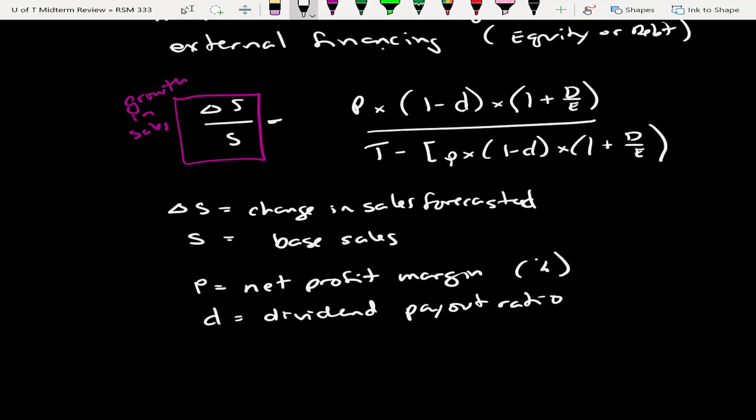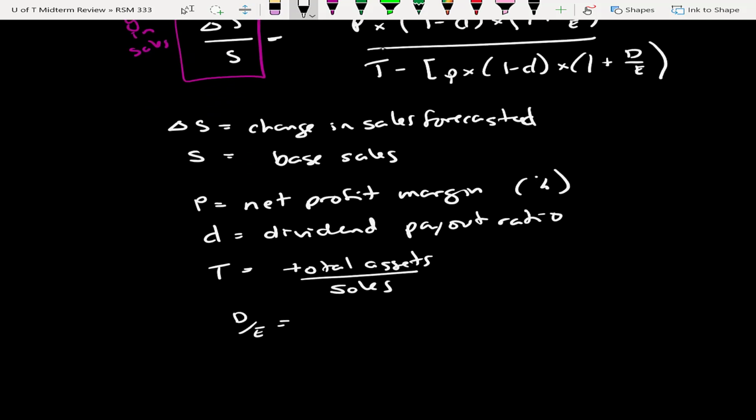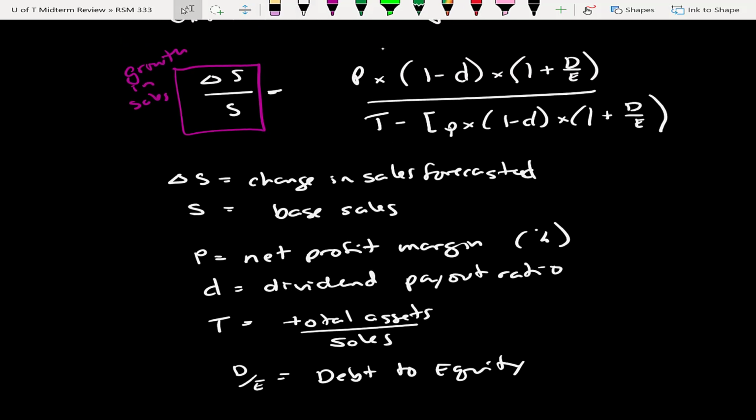Okay, and T is the total assets divided by your base sales. And DE is, as you would expect, debt to equity. So it's that ratio. So if you plug all of those numbers in, it will give you a certain percentage.